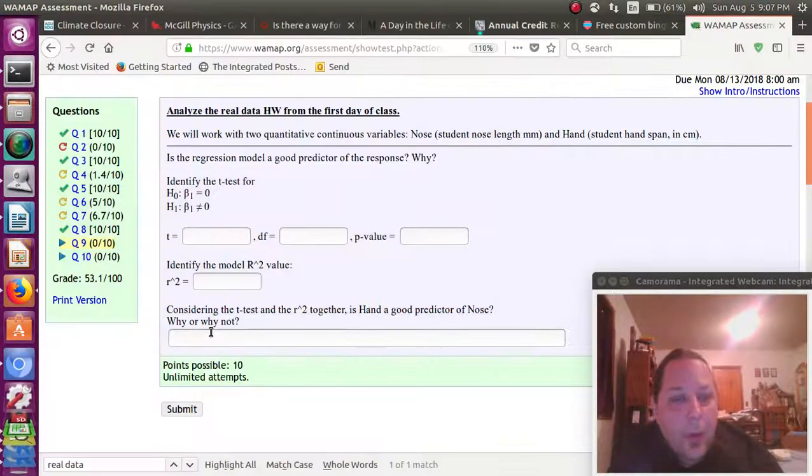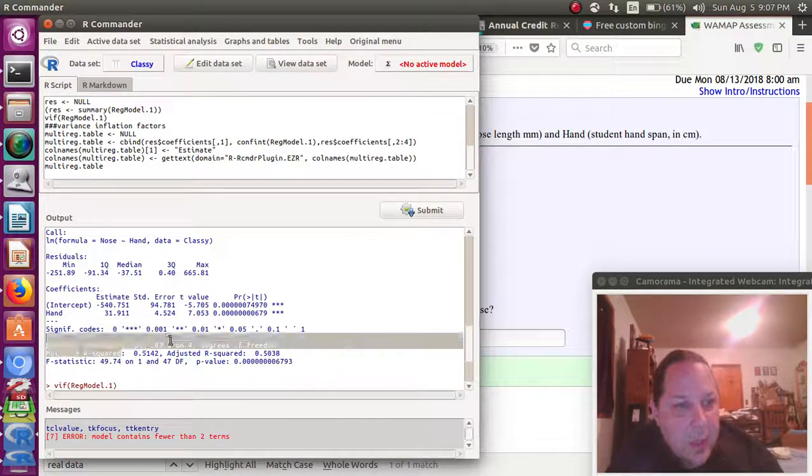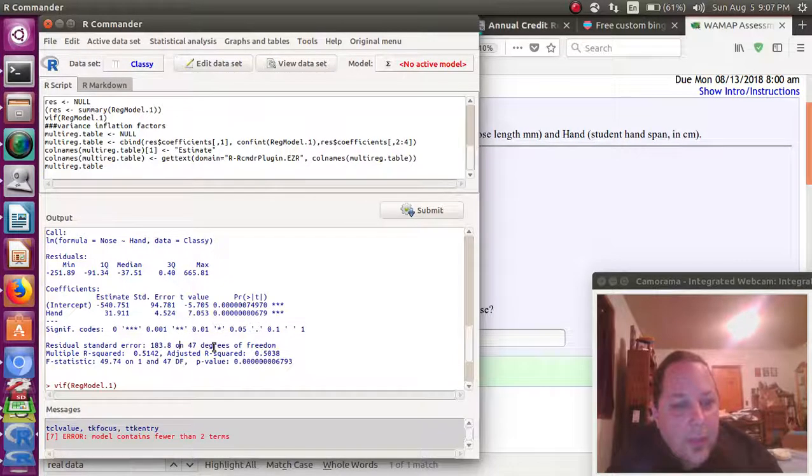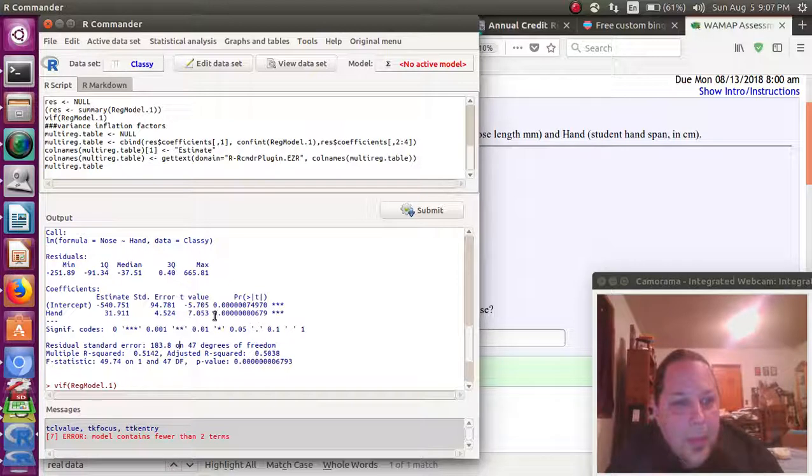So 7.053, I guess I'll call it 7.05. Degrees of freedom are given down here where it says residual standard error, 47 degrees of freedom. The p-value up here again is very small, so I'm going to copy it.